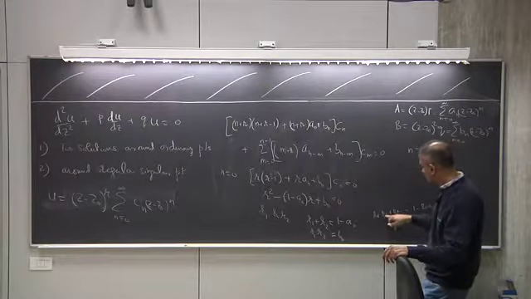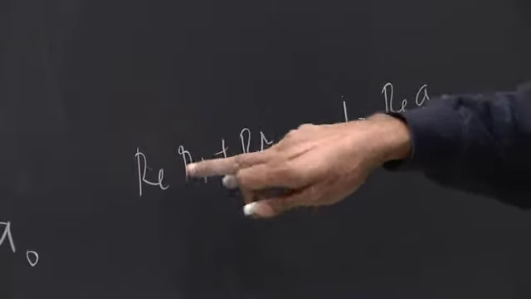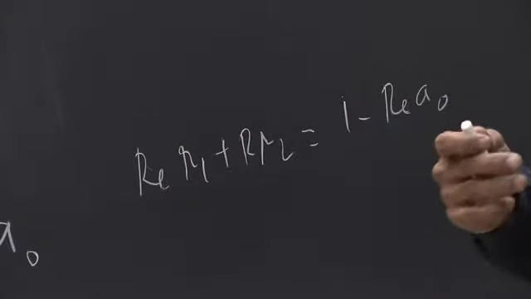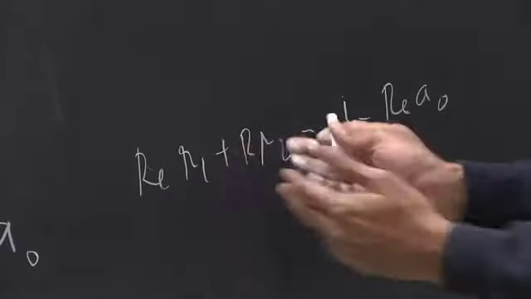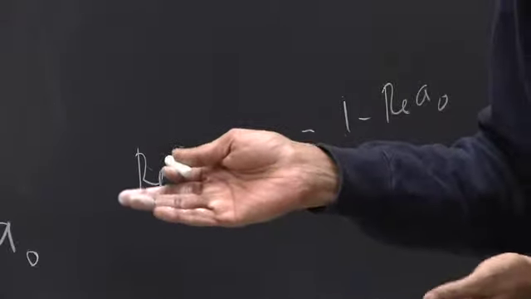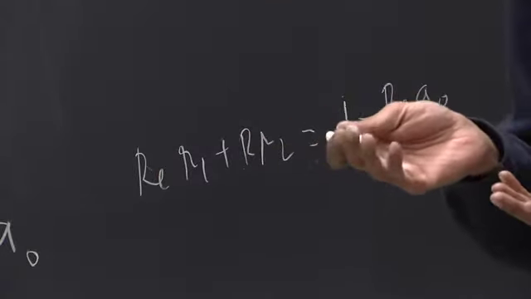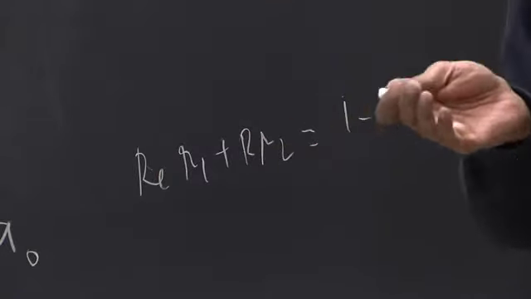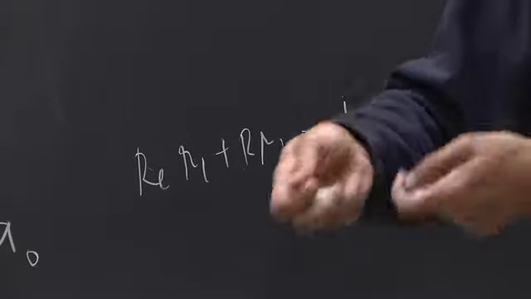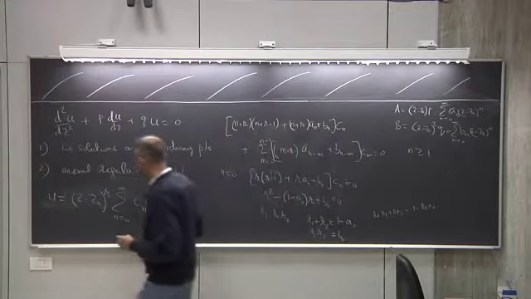So I will put the label 1 on that root whose real part is the larger one, bigger or equal. If the two roots have the same real part, in that case it's arbitrary. You can just call any one of them r1. But in general, the two real parts will not be equal. So whichever is the larger one, I call that r1. That's just a convention.